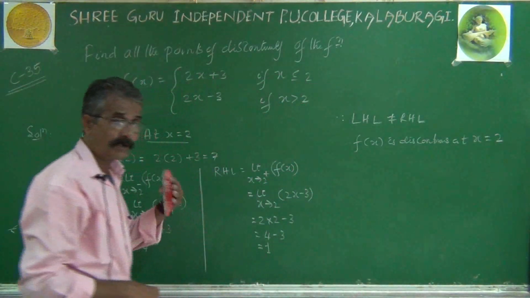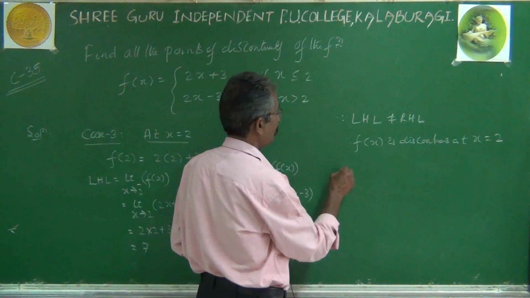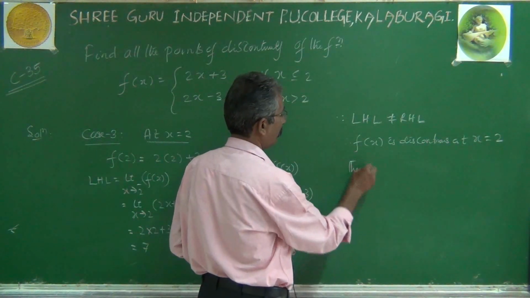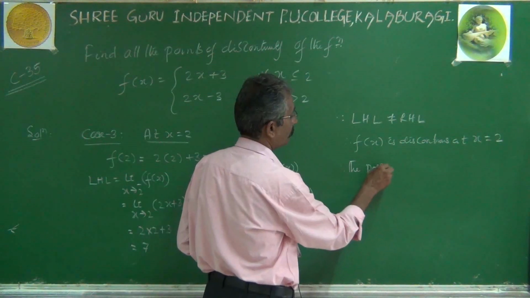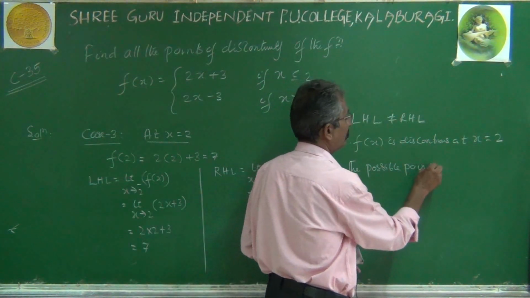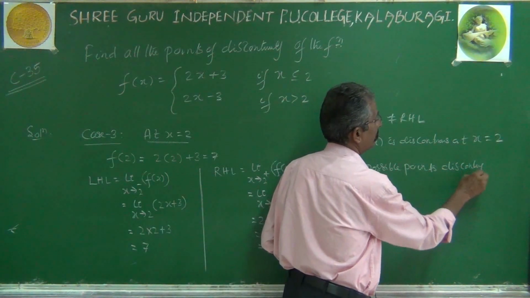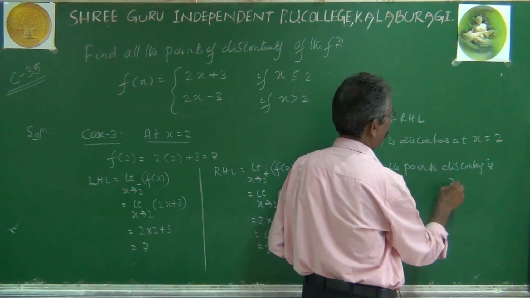Remaining are points of continuity. Right, lastly, therefore, the possible point of discontinuity is x equal to 2.